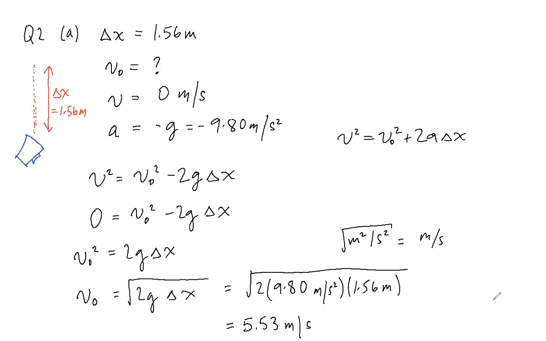So let's take a look at part B. Part B, just to remind you, says, find the amount of time that passes from when the cap is thrown to when it is caught at the same height.